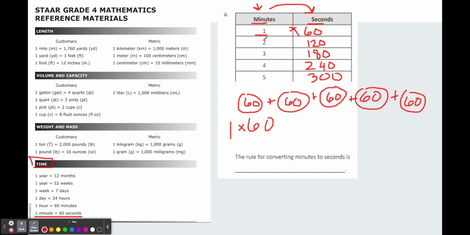If I have 2 minutes and I multiply that by 60, that gives me 120. If I have 3 minutes and multiply that by 60, that gives me 180. And I can keep doing that over and over again. So my rule is the number of minutes I have times 60 gives me the number of seconds.